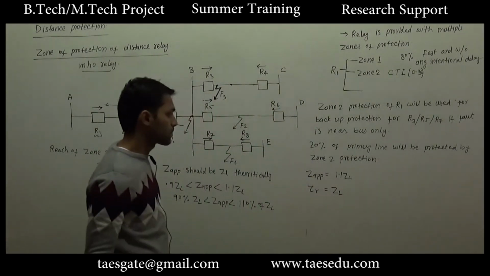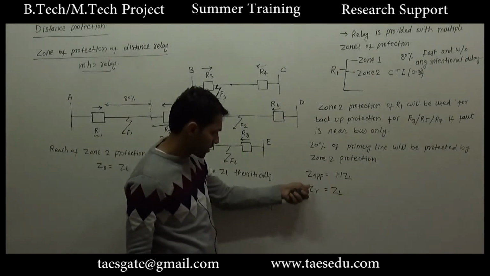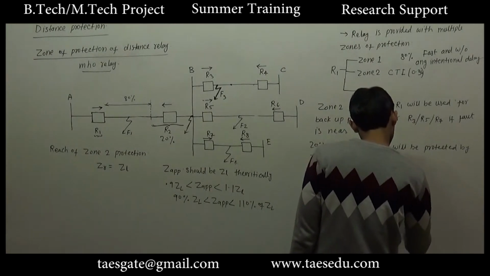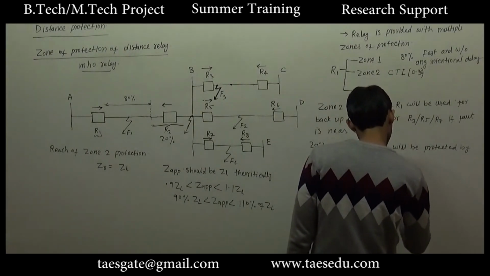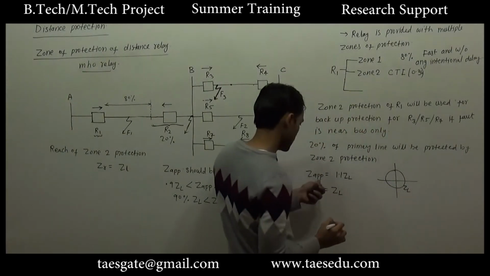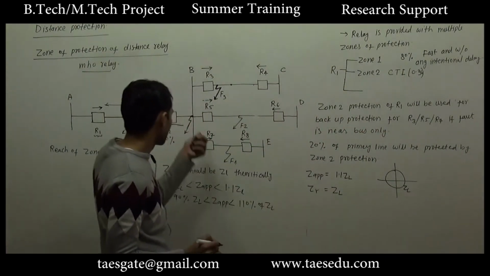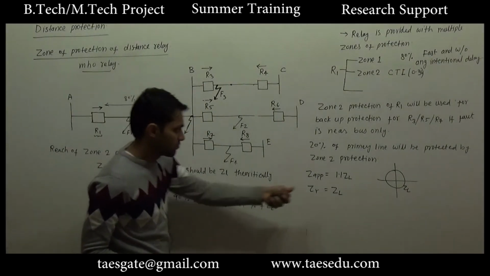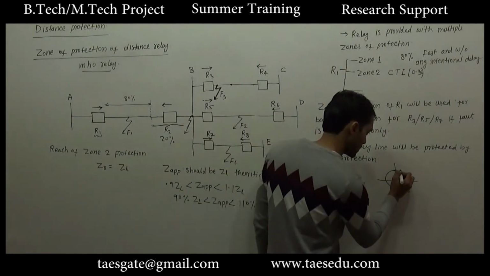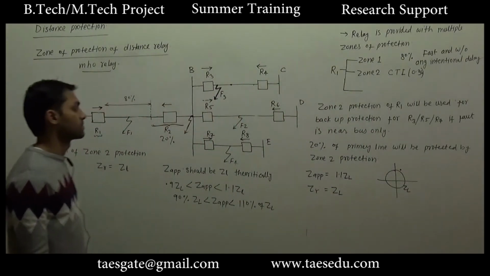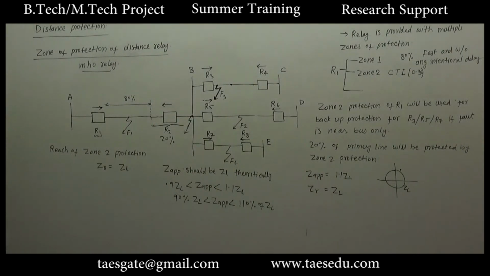In this case, the apparent impedance is outside the reference. The apparent impedance for this point, due to measurement error, is 1.1 ZL. It is here. So this fault will not be detected.